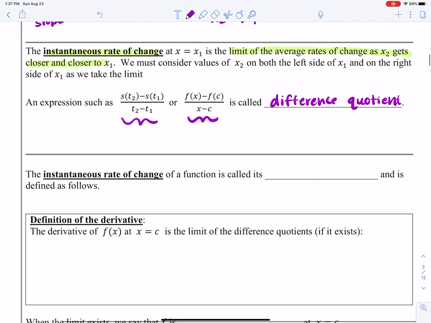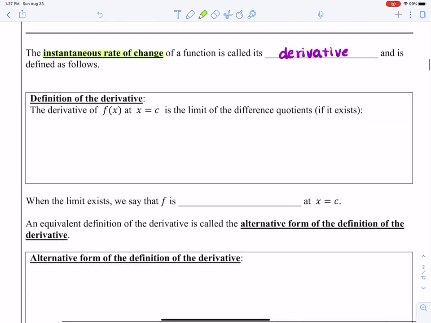And an instantaneous rate of change is called the derivative. And I know you learned a little bit about derivatives last year in pre-cal, so we're going to call those derivatives. So what in the heck is a derivative? Other than, Miss Lowry, you've just told me it's the instantaneous rate of change. Brings us to this box, the definition of a derivative.